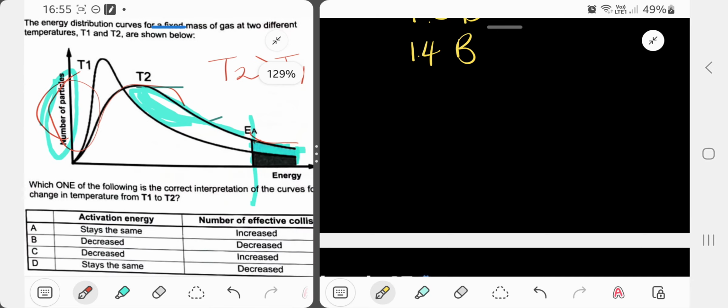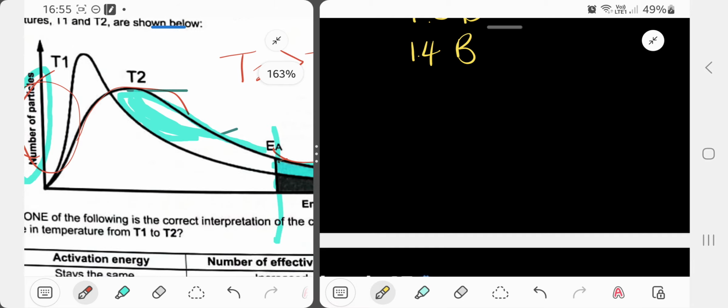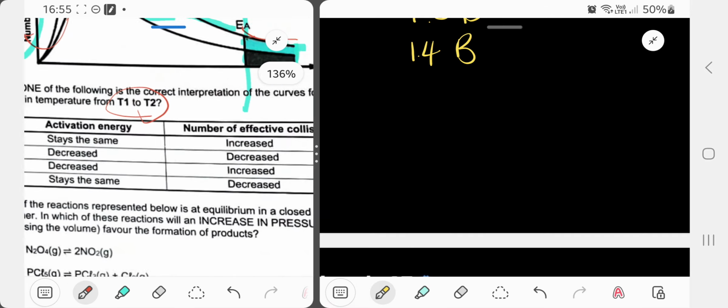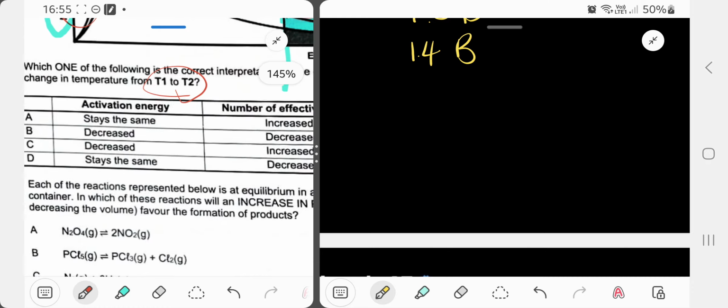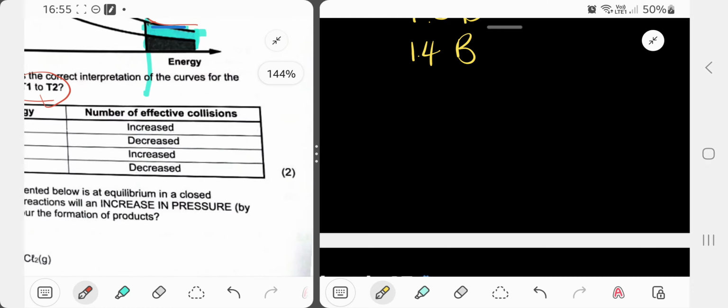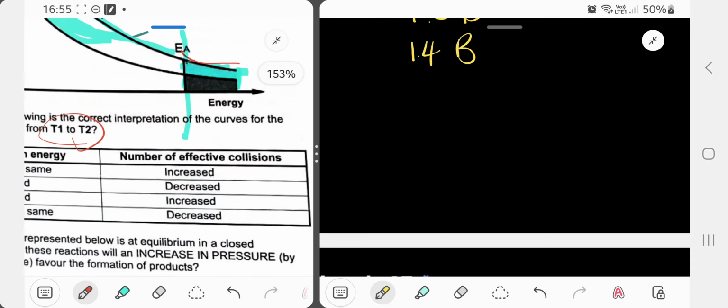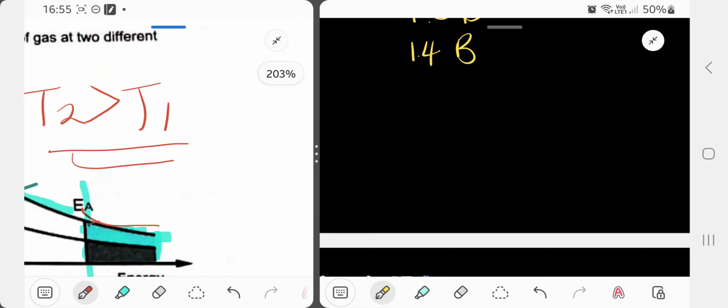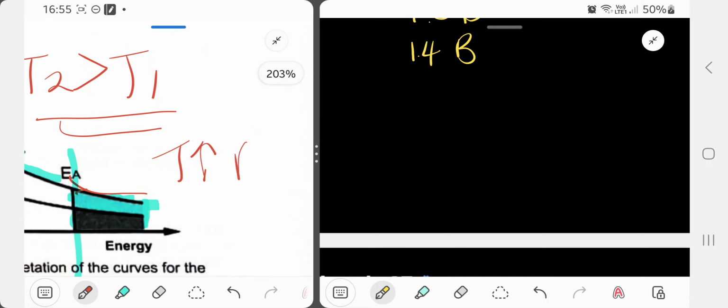So what happened here is that from T1 to T2, we increase the temperature, because they're asking us from T1 to T2, you increase temperature. They didn't even ask us any option on the table, but we understand that the temperature increased. And when T goes up, the rate of reaction increases.